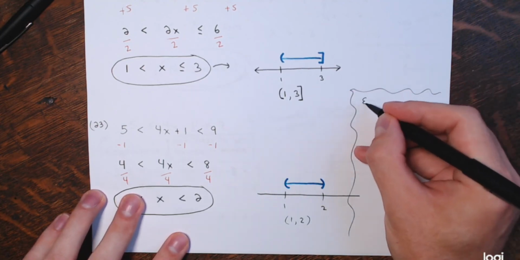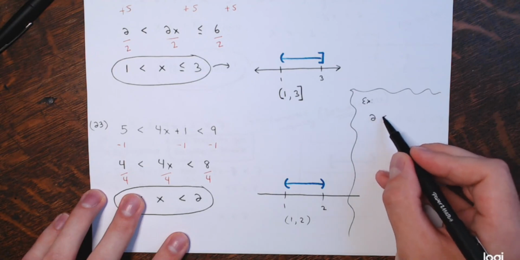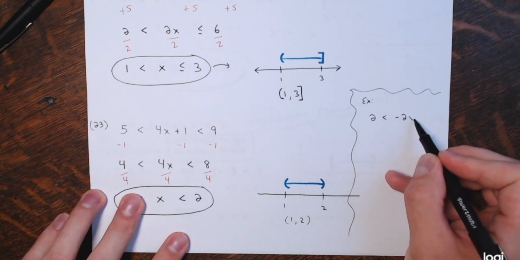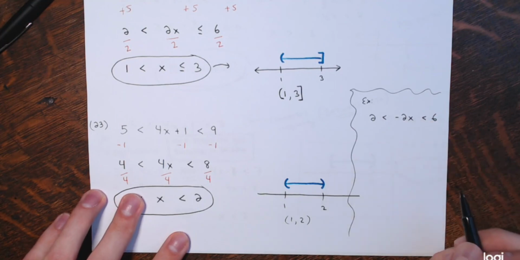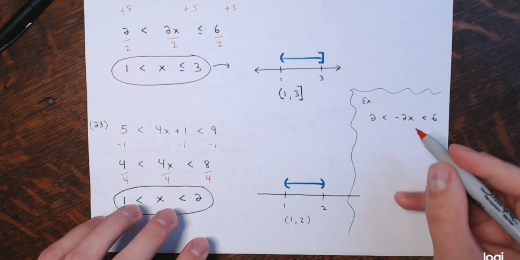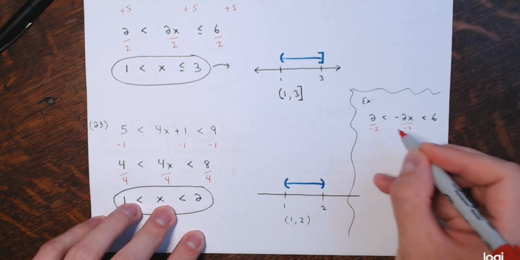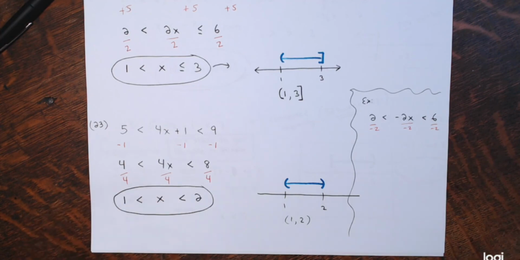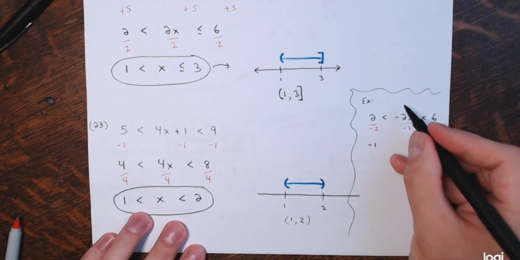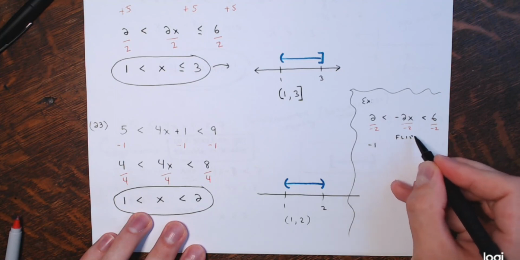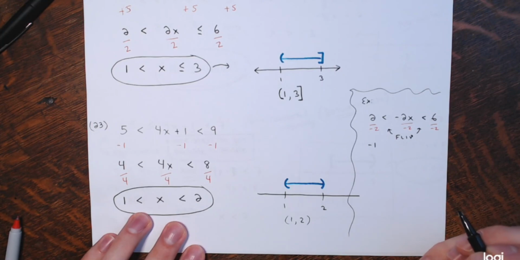And then, as I mentioned, I'll show you a real quick example off to the side. Here's a separate example. So if I had 2 is less than negative 2x, and that's less than 6 or something like that, and I divided everything by negative 2 to get the variable alone, you'd have negative 1 here, and then all the symbols would flip, right? All the symbols would flip because I'm dividing by negatives on both sides of these inequalities.